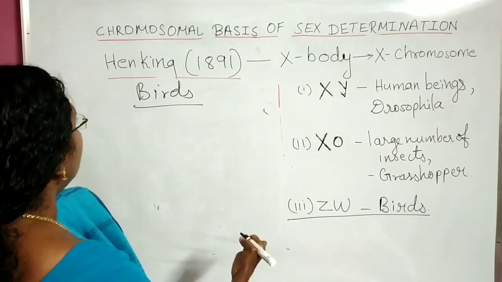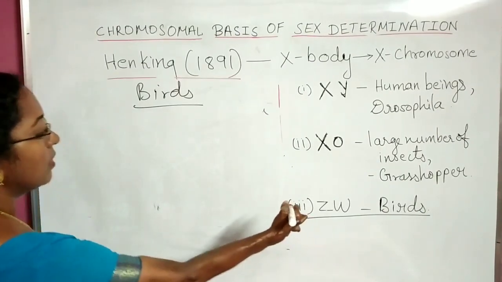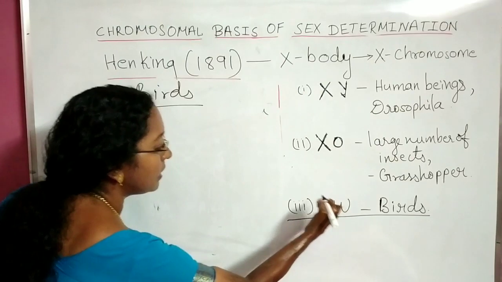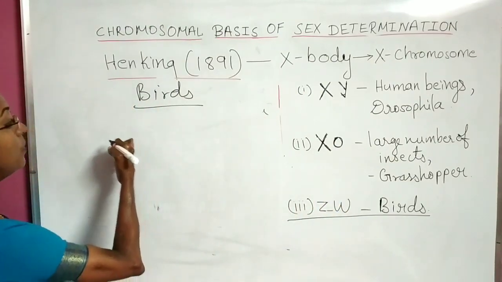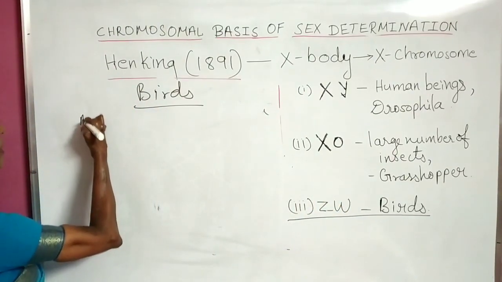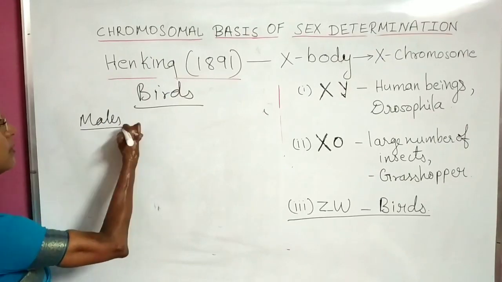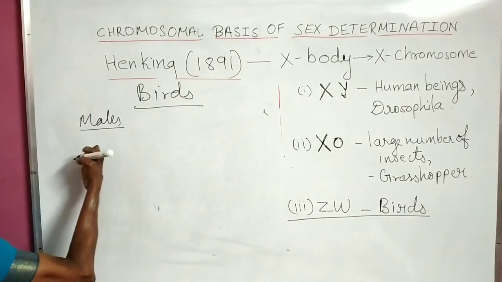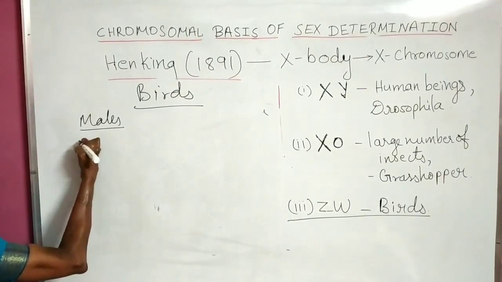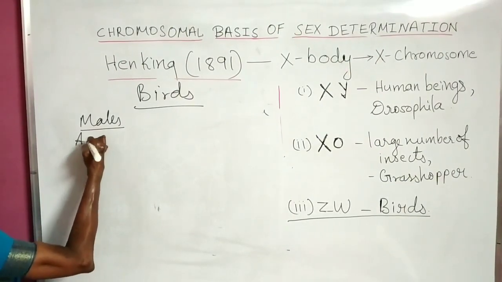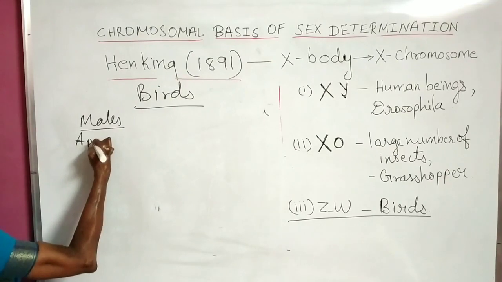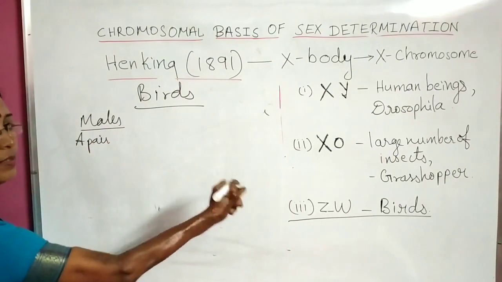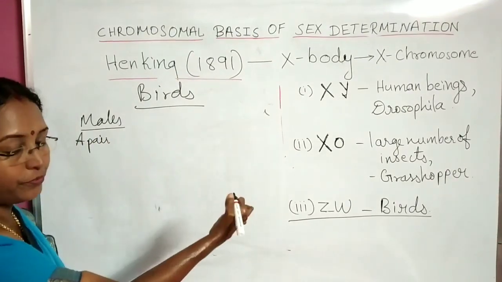In the case of birds, what is the type of sex determination? ZW. I told you, there males show homogamety. Males show homogamety means males have an autosome pair. Whichever bird is there, accordingly the number of autosomes differs.